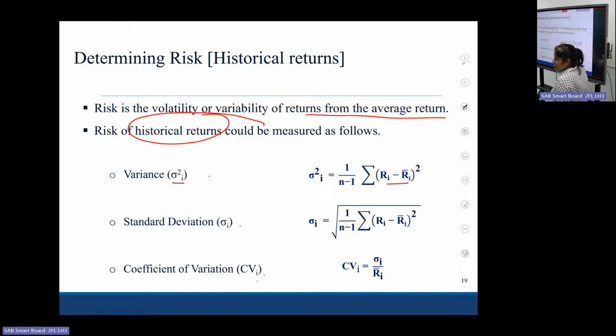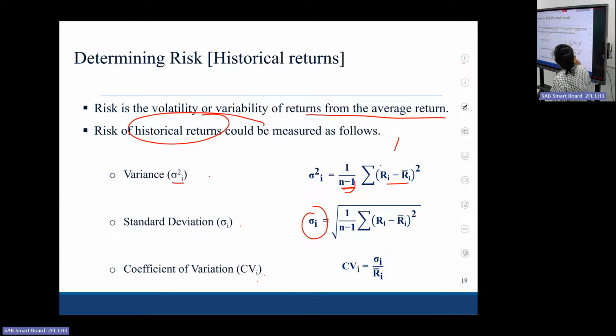If you have 10 years of observations, you have to take all these deviations and their squares, then divide the total by n minus 1. We divide by n minus 1 because this is from a past historical sample. In order to minimize the sampling error or sample bias, in statistics we normally divide by n minus 1. Once you take the square root of this variance, that is what we call the standard deviation.